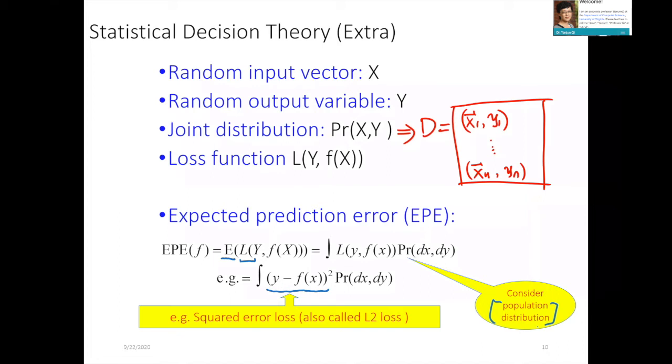Please type in the chat. If you think about it, this is not even just the future, this is actually everything. I'm trying to minimize the expectation, considering all of the possible (x, y) pairs and following this population distribution.